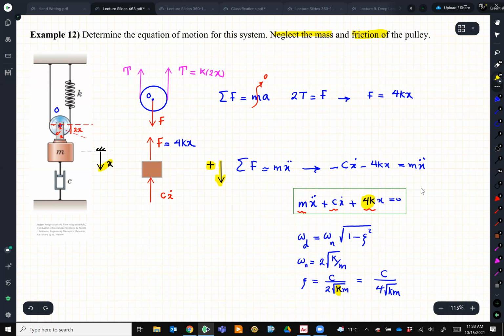The stiffness that we need to put in these equations. The formulas are always the same, the formulas that we use. It is just the values of m, k and c that can be different.